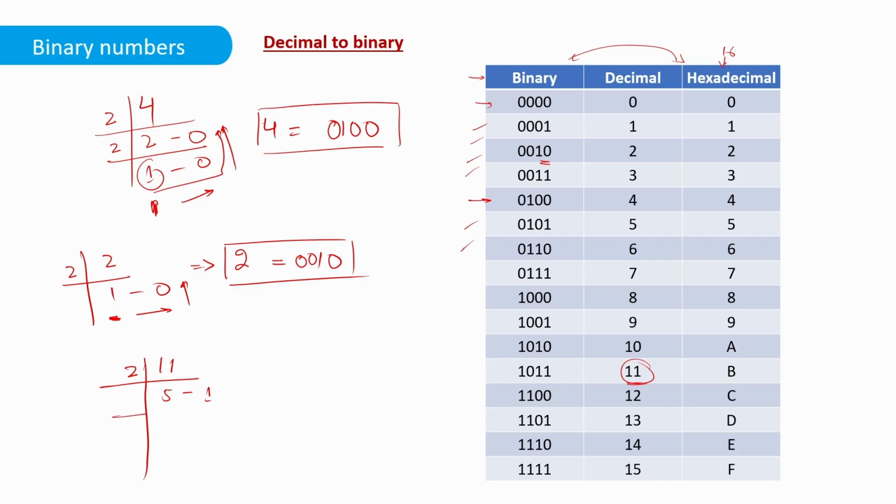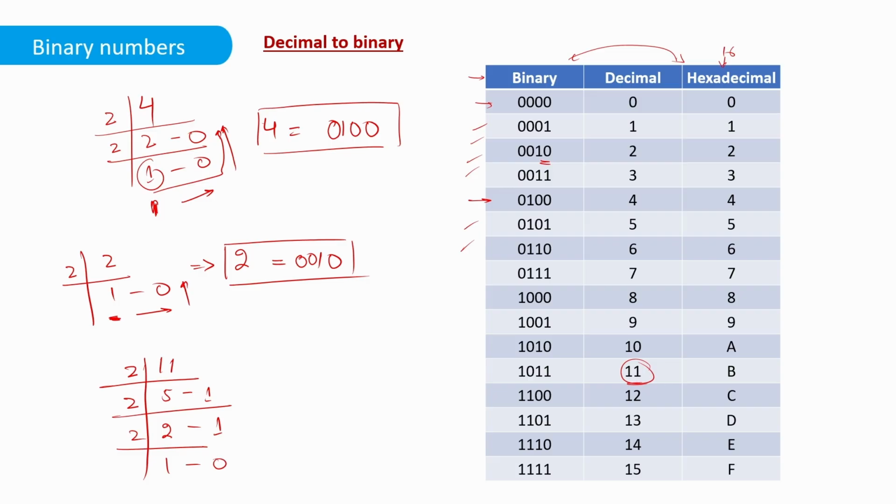Now, 2 times 2 becomes 4, right? So I can do this. Again, I'm left with 1 remainder. And then 2 times 1 is 2. So at that moment, I will have remainder 0.